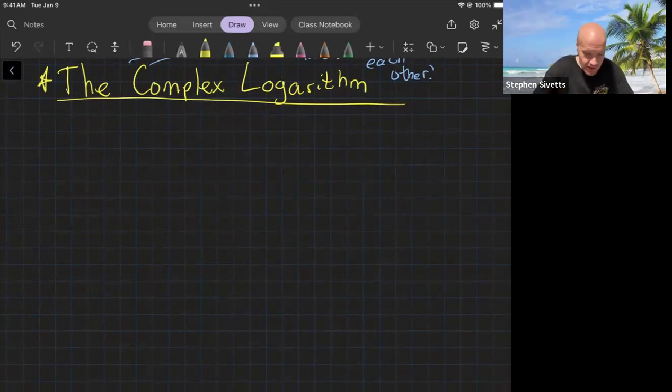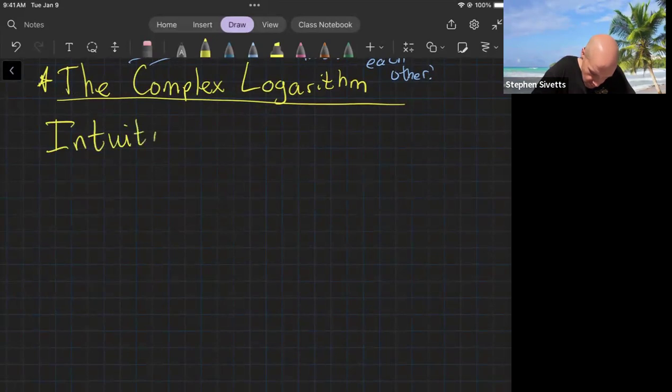So let's actually look at the intuition behind the complex logarithm. All right.